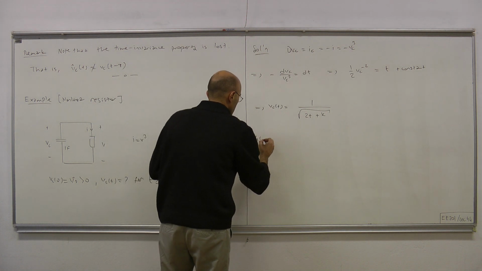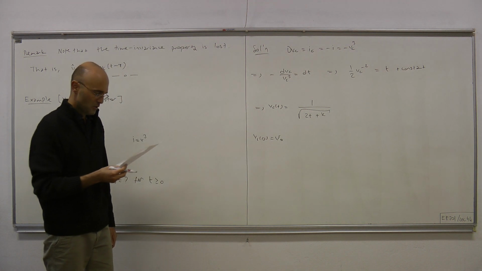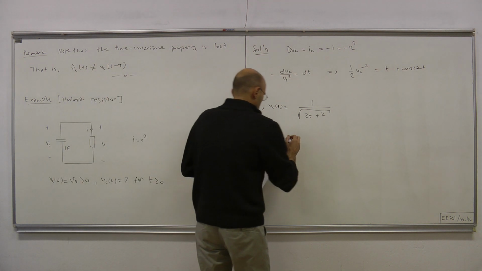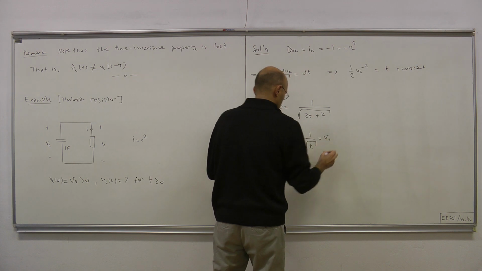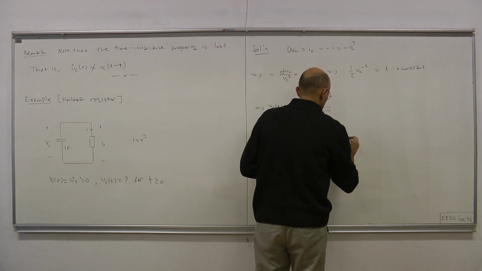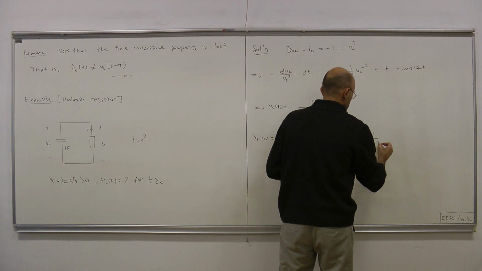And if you apply the initial condition constraint, VC0 equals V0, that yields 1 over square root of k equals V0, hence k equals 1 over V0 squared.